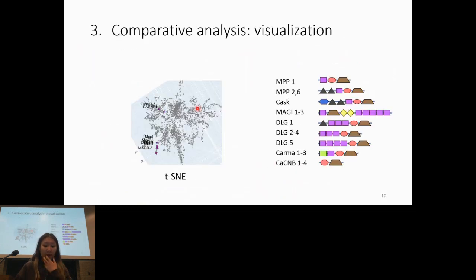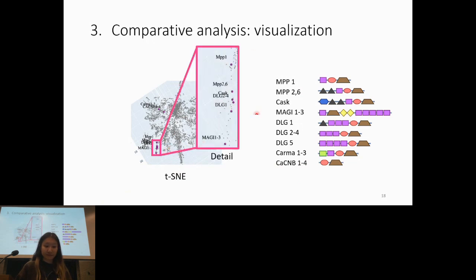Here we embedded all unique human domain architectures, and we visualize in 3D with t-SNE, and we highlight these architectures from the MAGUK family in purple. And you can see that these MAGUK family members are all very close to each other in this embedding space.